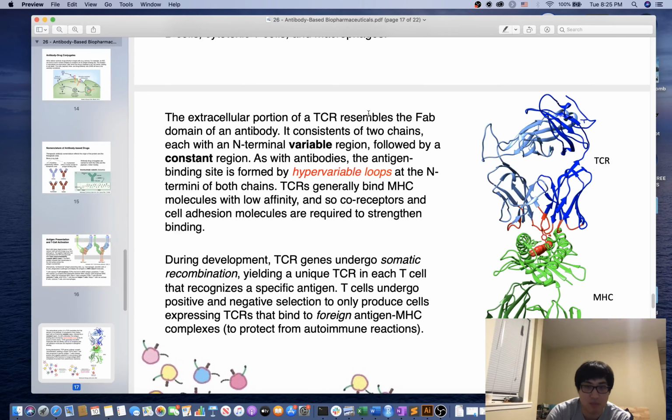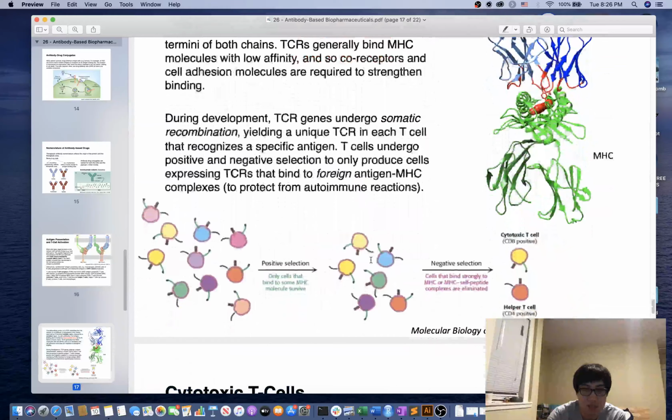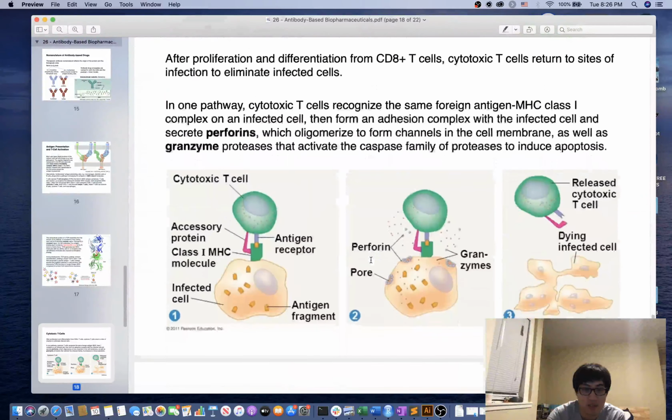Still, there's a part of this T cell receptor that has a hypervariable loop, that can go through somatic recombination to explore a larger structure space for the binding. And yeah, that's the thing.